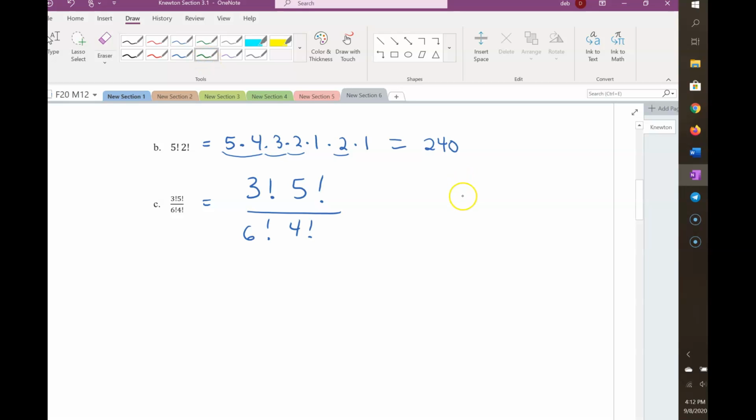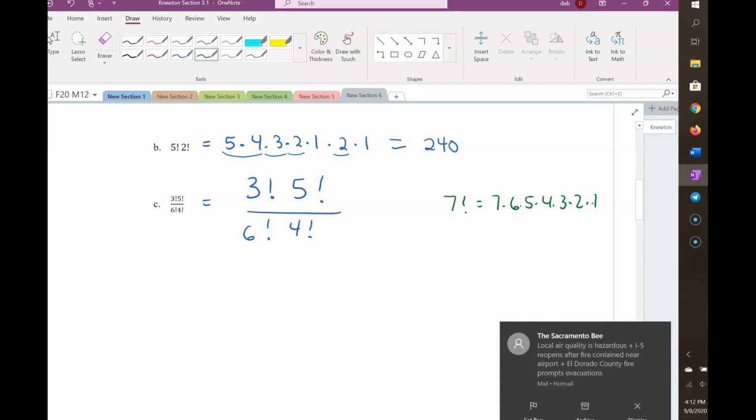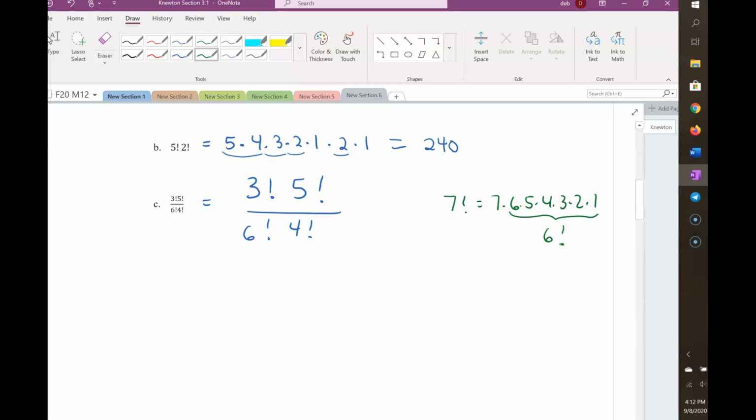So if you have 7 factorial, we saw that 7 times 6 times 5 times 4 times 3 times 2 times 1. Well, do you notice that this part right here is 6 factorial? So 7 factorial actually equals 7 times 6 factorial.